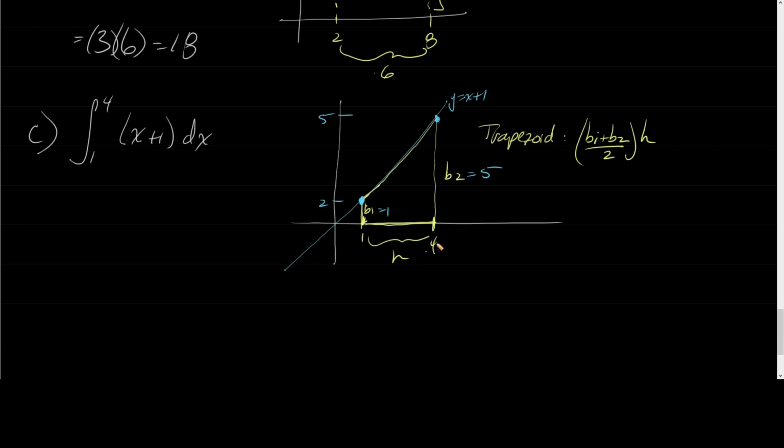And now our height here is the distance from 1 to 4. So 4 minus 1 is 3. And now we can figure out this area. So base 1 plus base 2, so 1 plus 5 over 2 times the height, which is 3. 1 plus 5 is 6. 6 times 3 is 18. 18 over 2 is 9. All right.